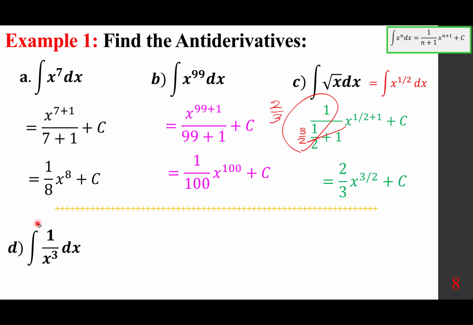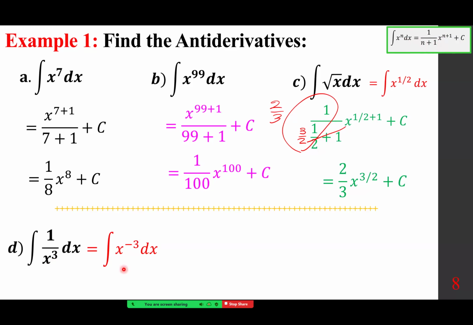The integral of 1 over x cubed dx, again, just like differentiation, we would change this so that the power rule could be used. So we're going to bring it up and make it to the power of negative 3. Now we follow the power rule. We're going to add 1 and then divide by it.